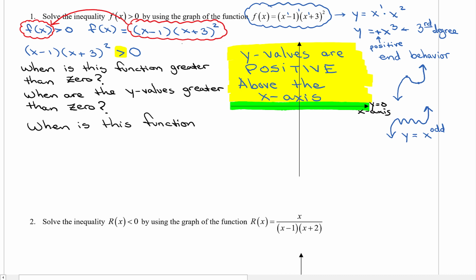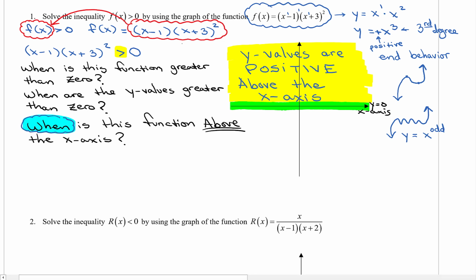So when is this function above the x-axis? That's basically what we're asking for when you're trying to solve this inequality using the graphing method. So I've tried to phrase this lots of different ways.